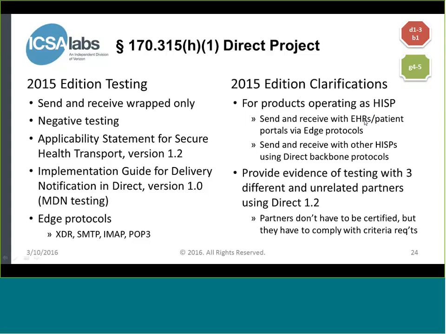And one of the, let's say, last-minute requirements that they've added is what they refer to as partner testing. This is a significant change from a lot of the previous requirements. In addition to what you need to demonstrate on the day of the test, to be certified to H1, you're going to need to provide evidence of testing with at least 3 different and unrelated partners using Direct 1.2.